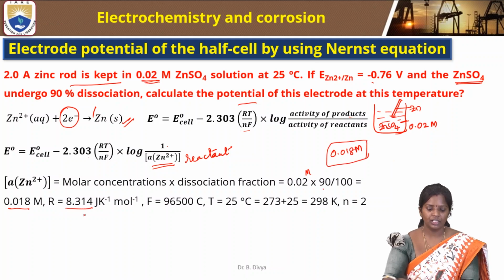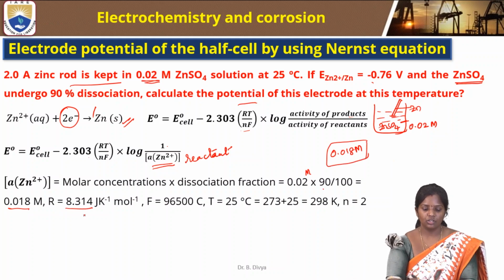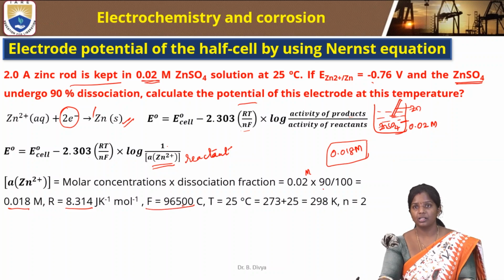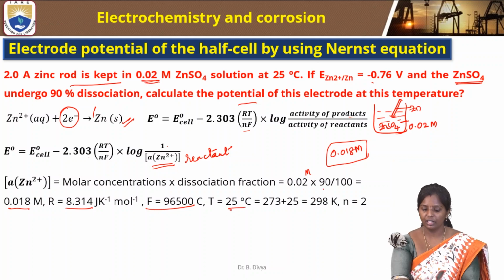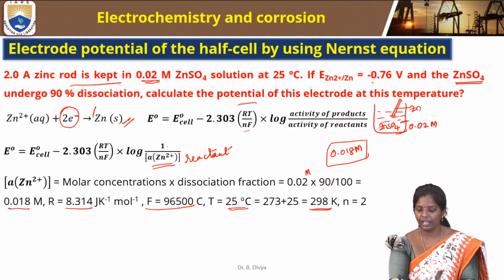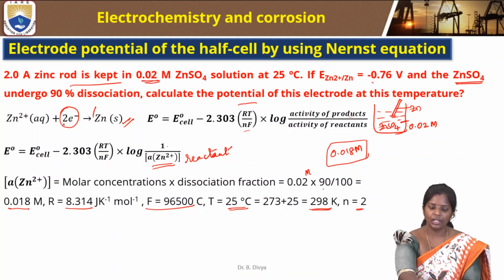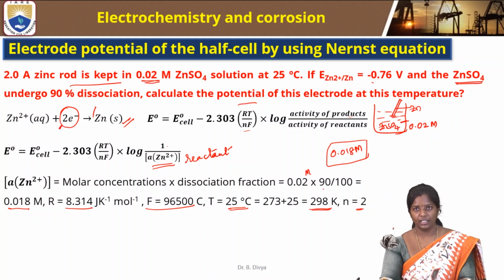The R value is fixed at 8.314 joule per Kelvin per mole, F is 96500 coulombs, T is the 25 degrees centigrade that we have to convert to Kelvin, and n is 2 because 2 electrons are involved in the reaction.